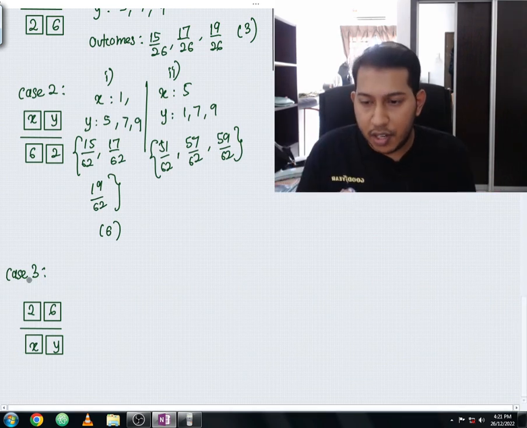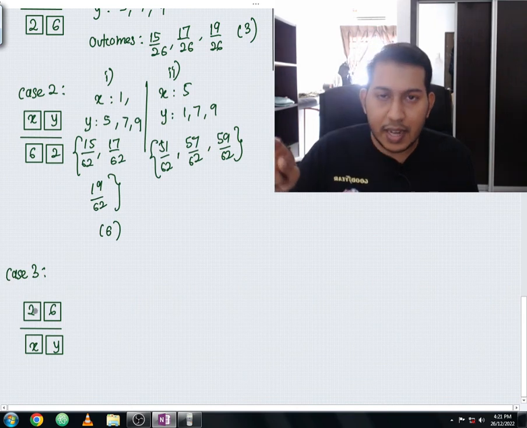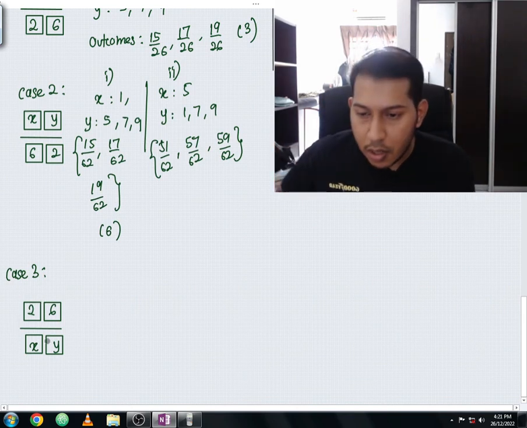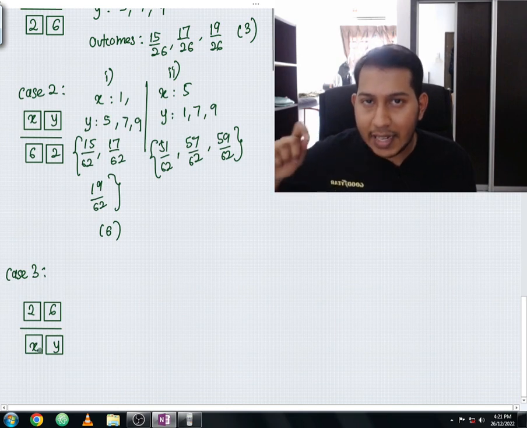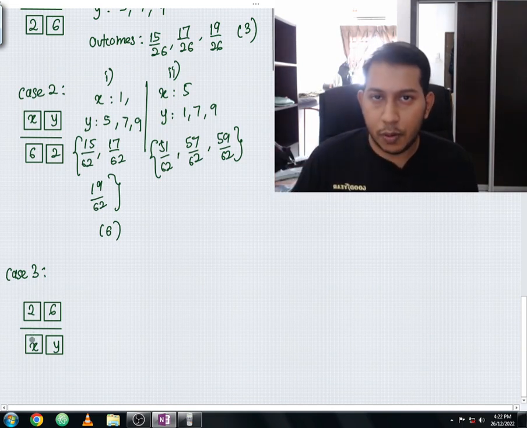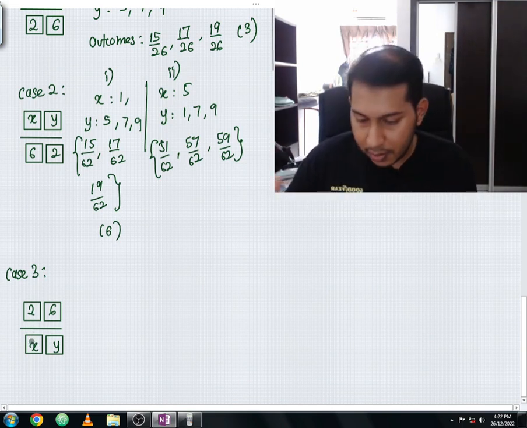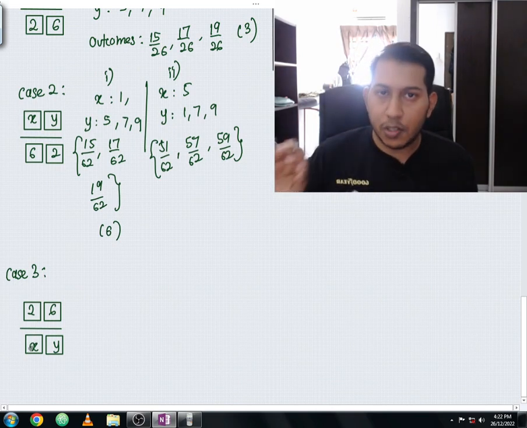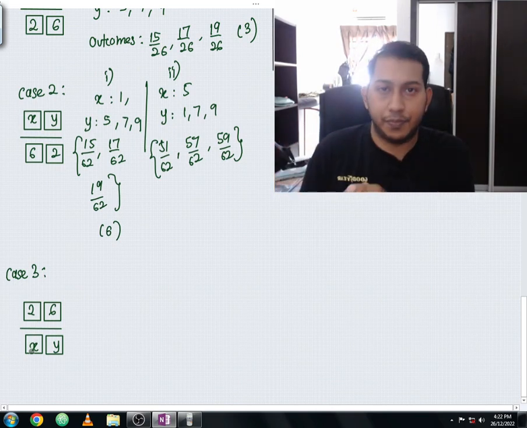For a proper fraction, your denominator must be bigger than the numerator. What does that mean? Your x value must be bigger than 2. In this case you don't have 2, so the smallest value that you can possibly have is 5.